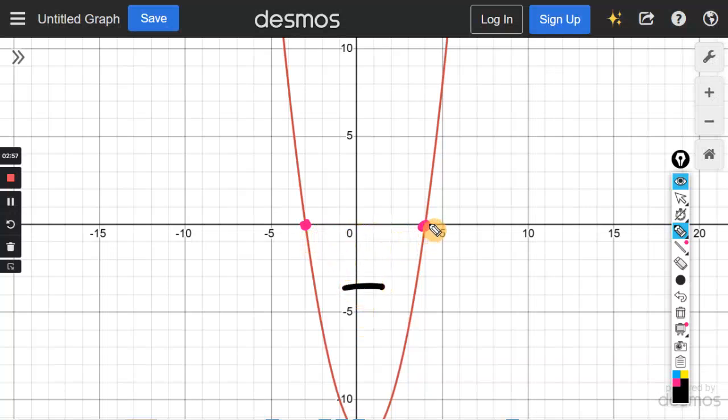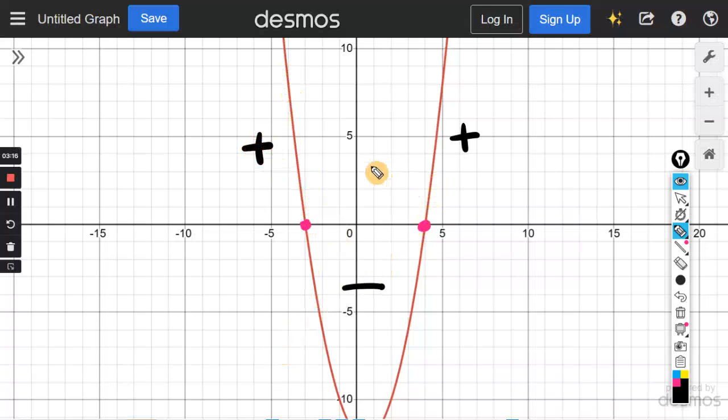And if I plug in a point to the right of this 0, I am going to get a positive because the graph is above the x-axis. If I plug in a point to the left of this 0, I am going to get a positive because the graph is above the x-axis.